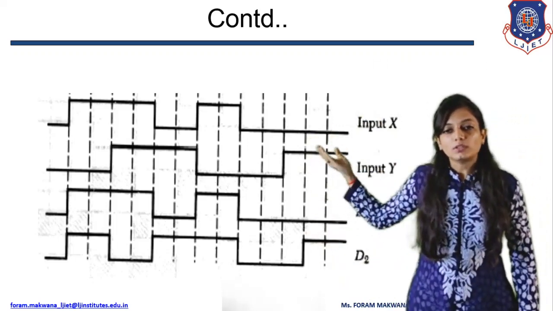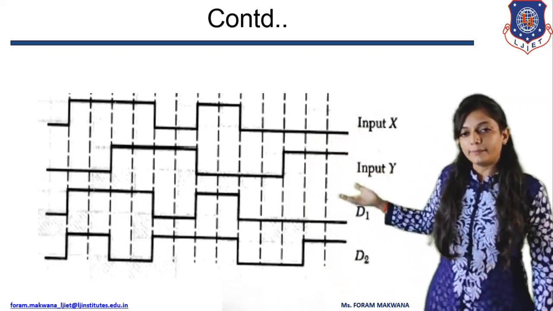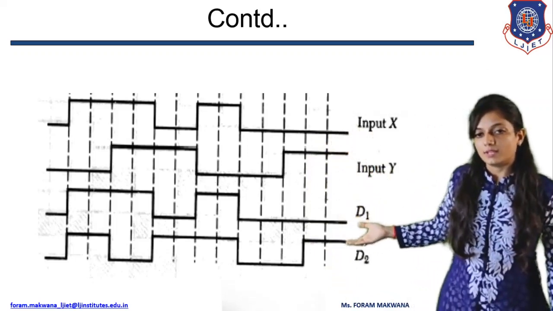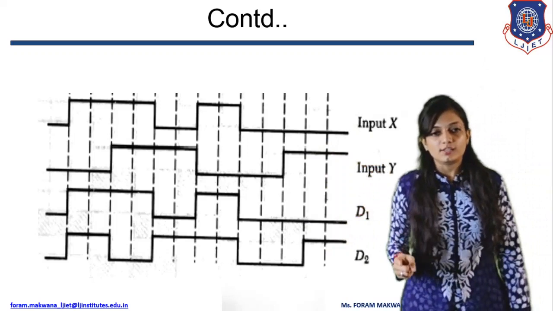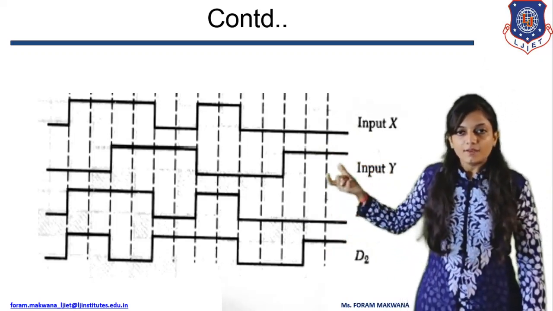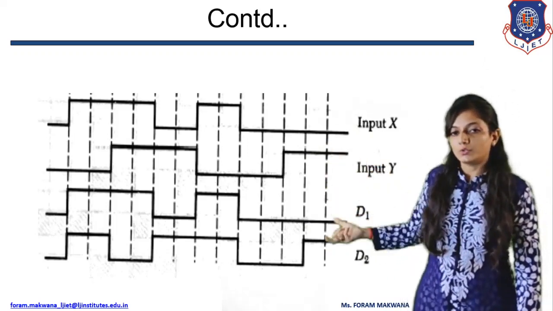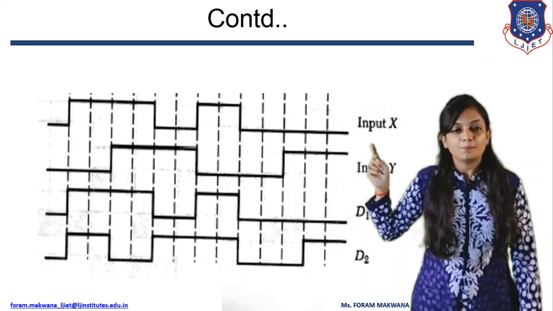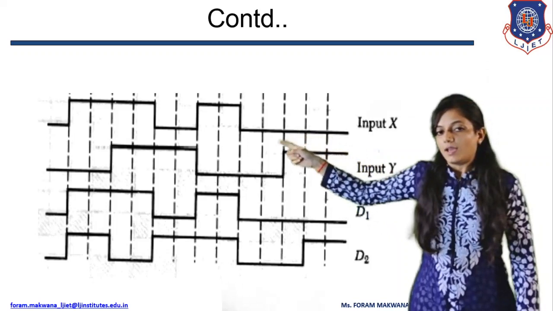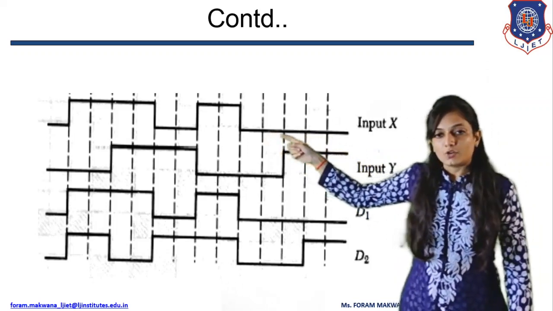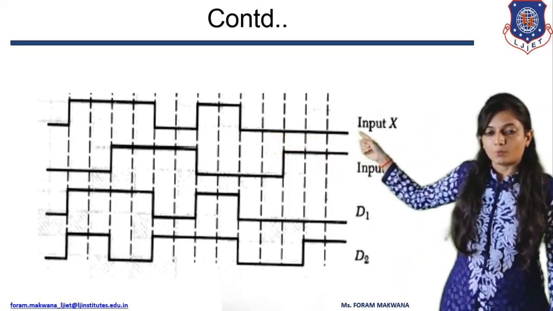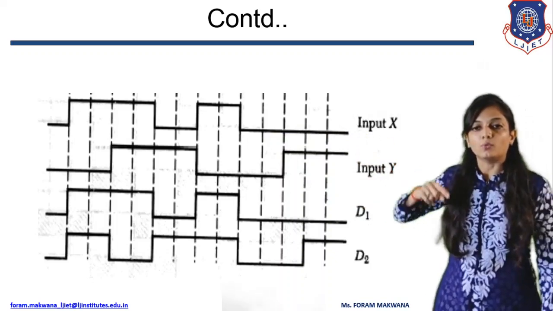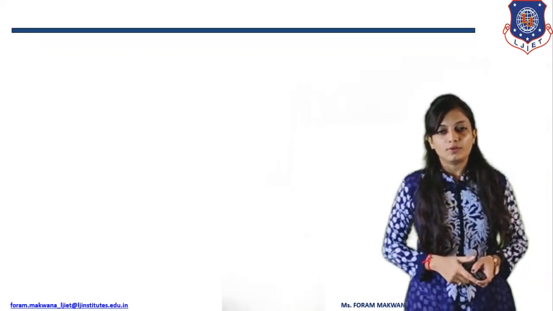Because based on the state of the input and the present state, my output is going to change. That's why outputs Q1 and Q2 change when the negative edge of the clock arrives, plus the change in state of input X for output Q1 and input Y for output Q2.